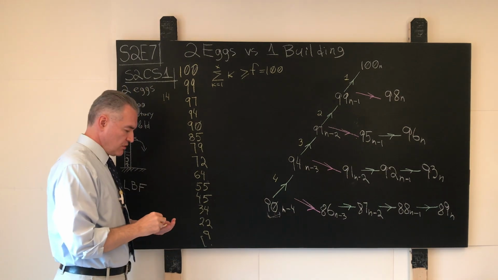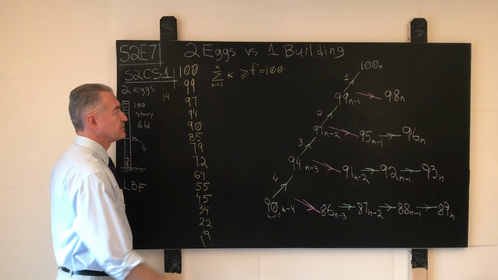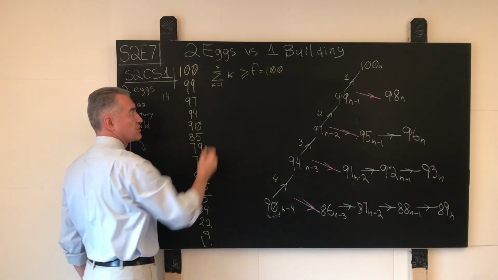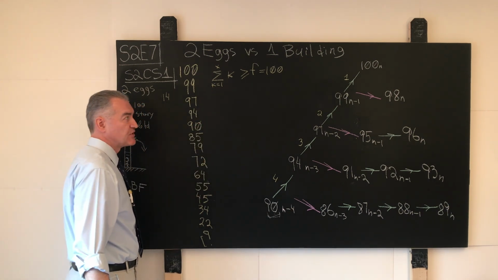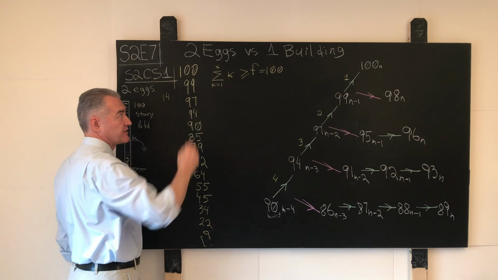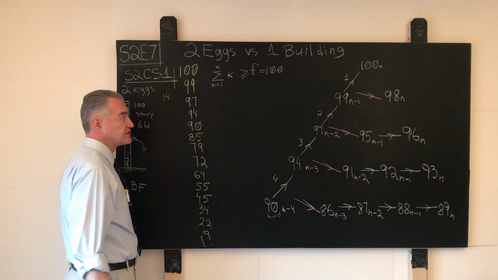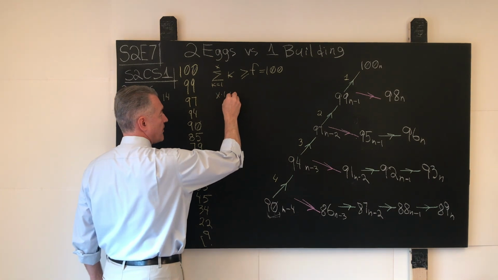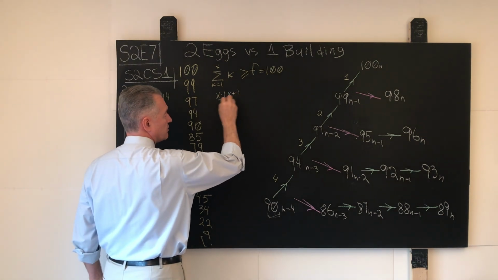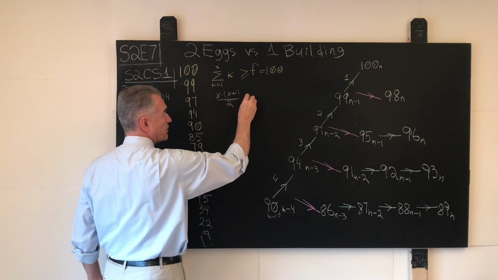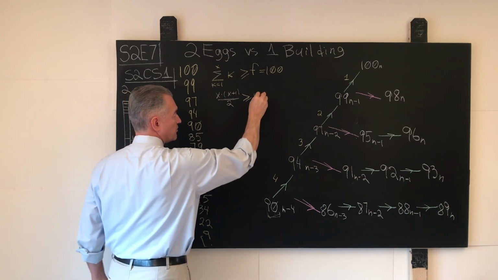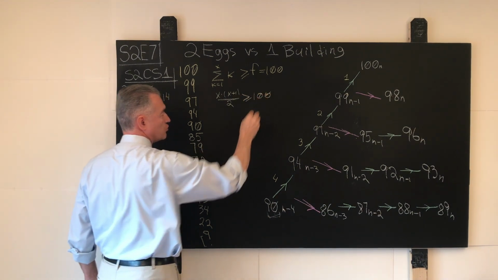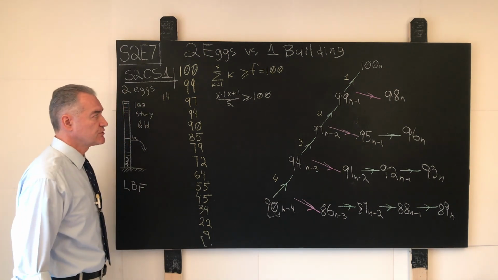We know that there is an alternative representation for that sum, the sum of the first x consecutive whole positive numbers. That sum is given by x times (x plus 1) over 2. And with our constraint, that number must be greater than or equal to 100 floors.